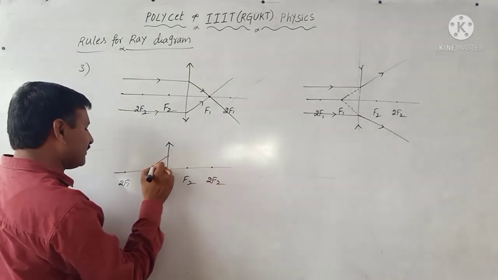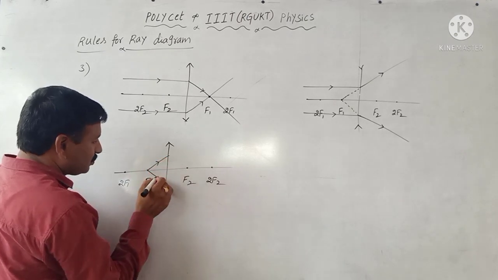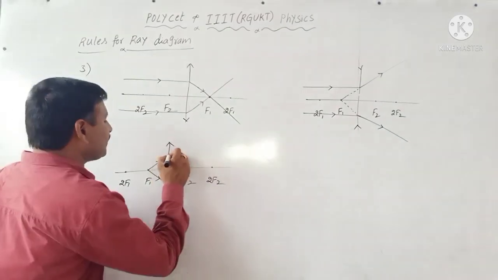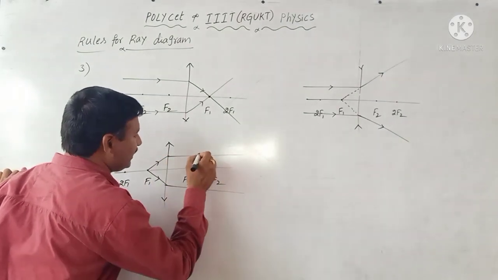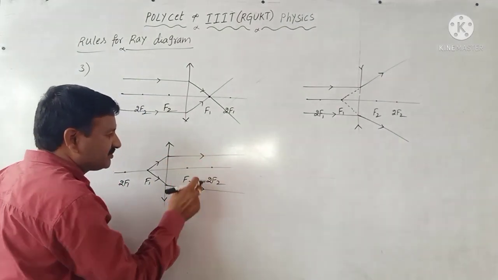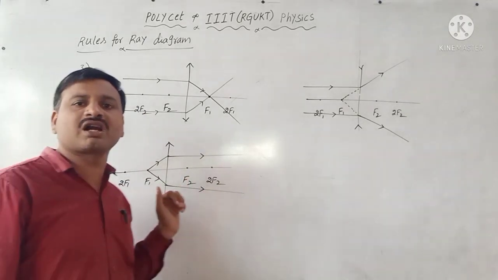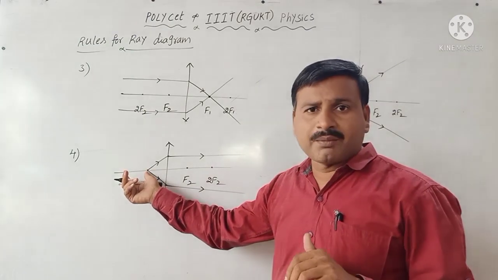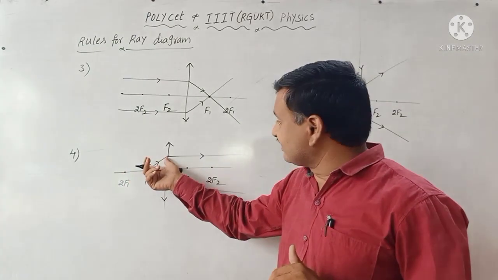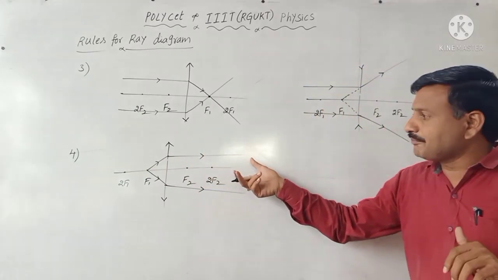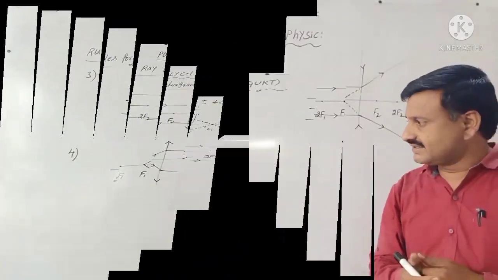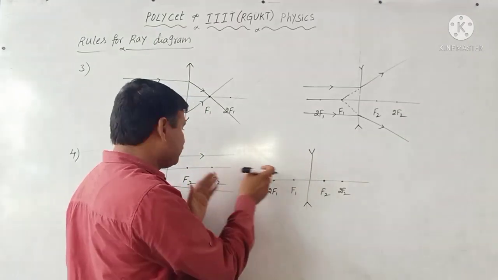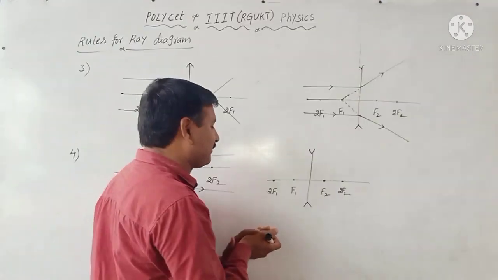The light rays are passing through the focus, starting from focus. After refraction, they pass parallel to the principal axis. This arrow is very important: it shows the light traveling direction. The light rays pass through the lens, and after refraction, they pass parallel to the principal axis.